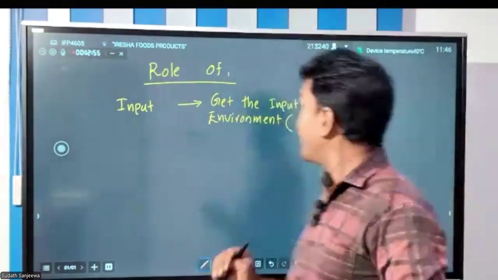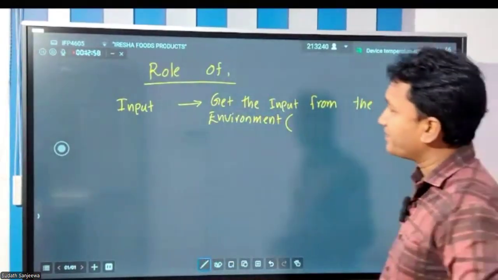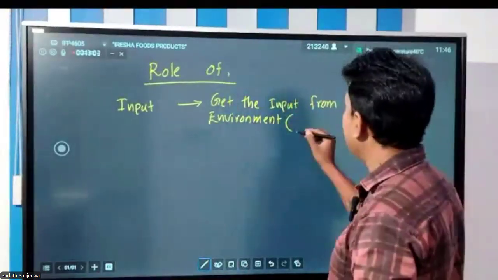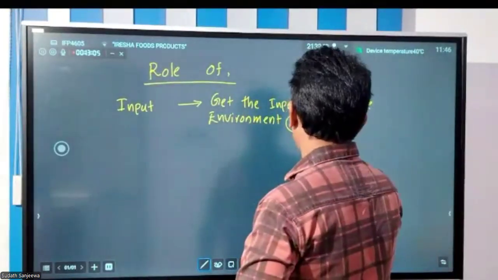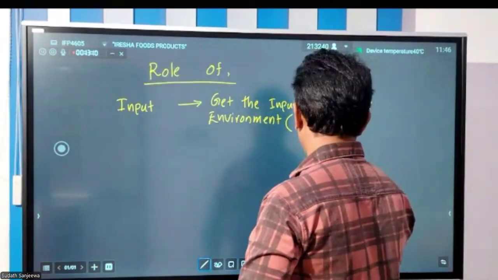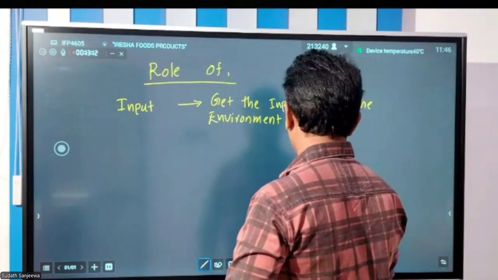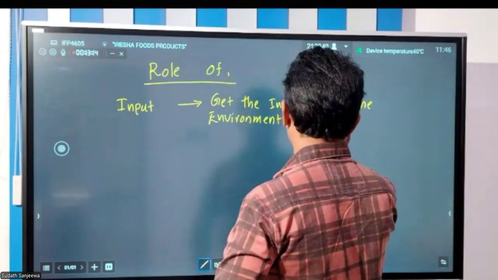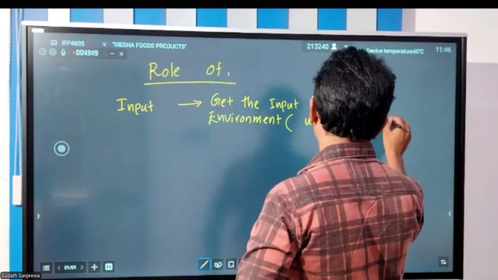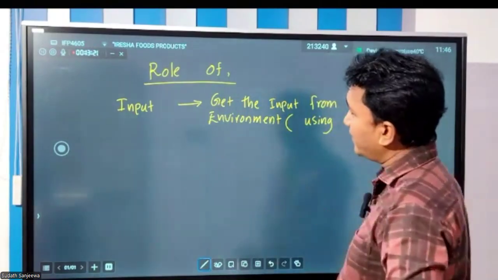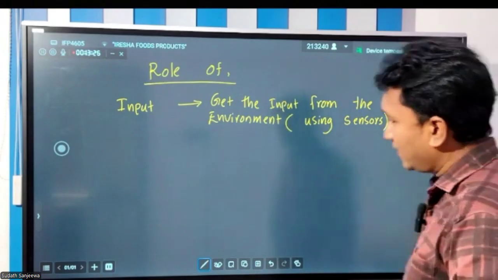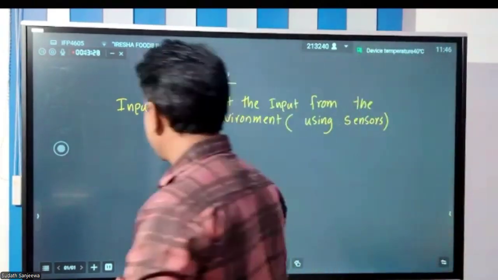Get the input from the environment. How do we get the input from the environment? Through the sensors. Using sensors. That is the role of input. Get the input from the environment, using sensors.